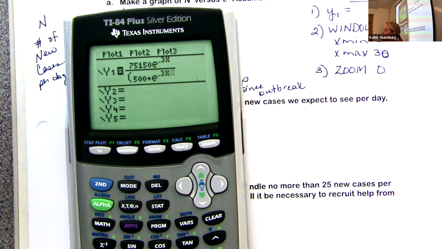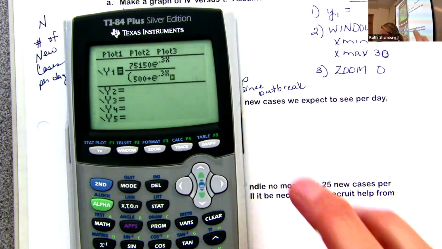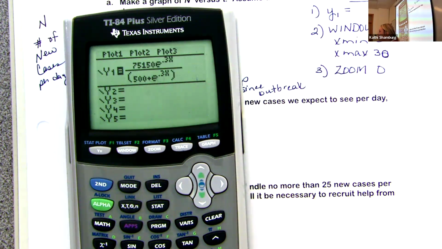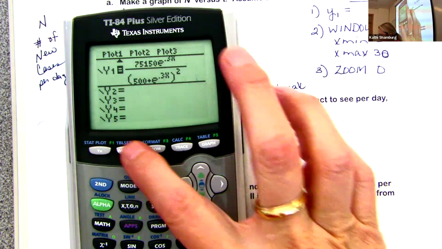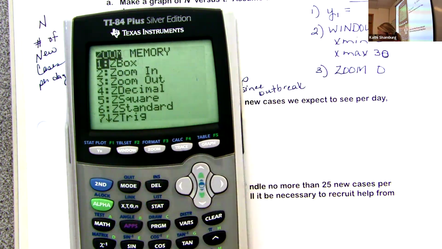Now I need to put in those closed parentheses. You have to right arrow over, close the parentheses, and then notice there is an exponent of 2. And if you neglect to put that in, then your graph's gonna be off. I'm gonna push x squared, so it'll square that. So window, 0 to 30, zoom, 0.